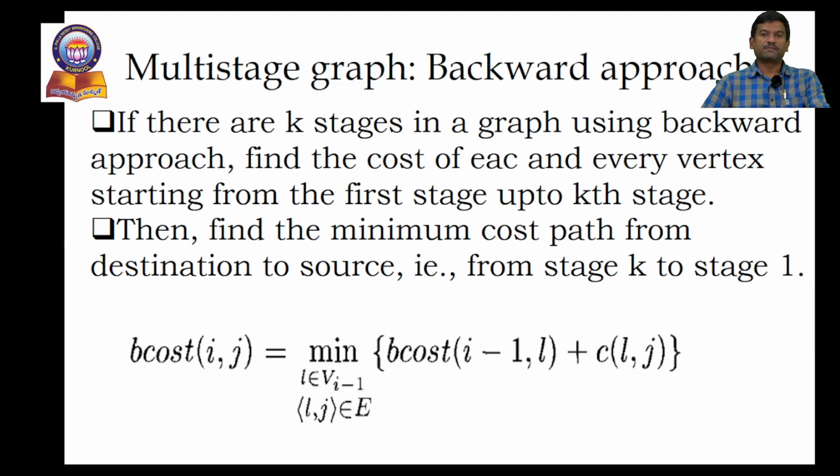In the case of the backward approach, there are k stages which are assumed, and the cost as well as the path, the same thing I said in the previous part regarding the forward approach. In the forward approach, we find the cost from the destination, the last stage, to the first stage, whereas the path is from the source to the destination.